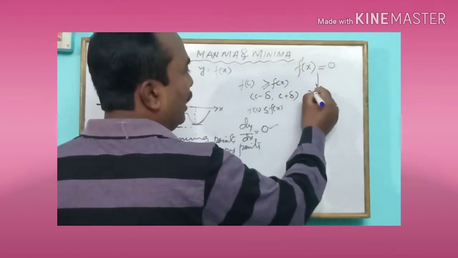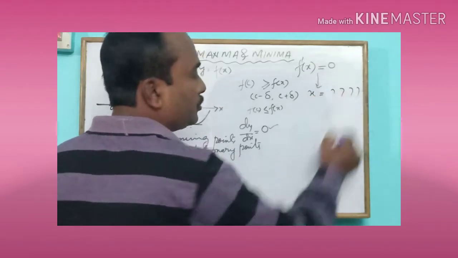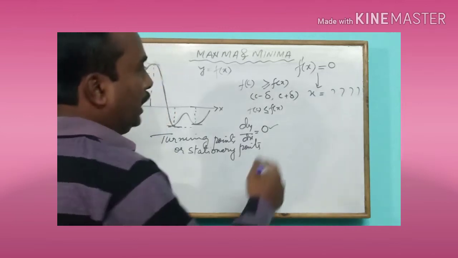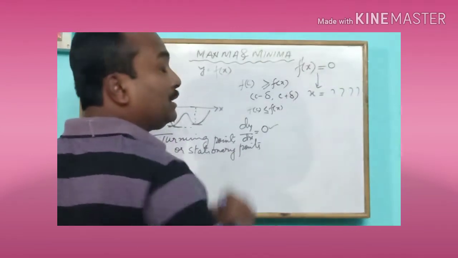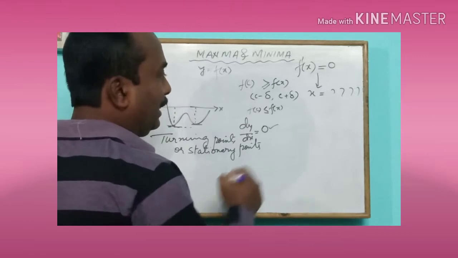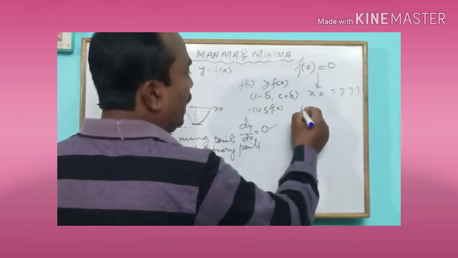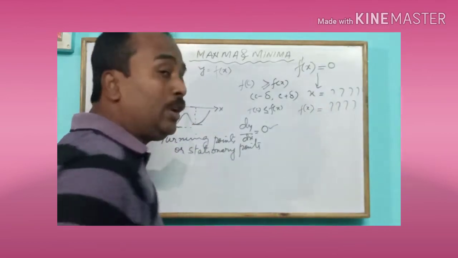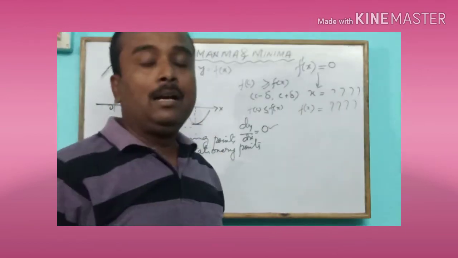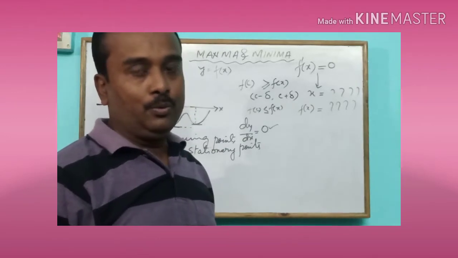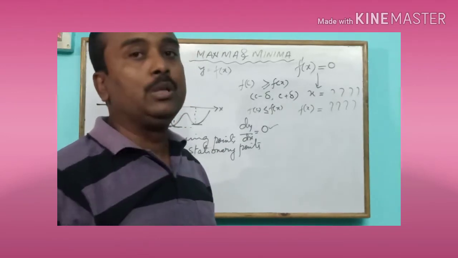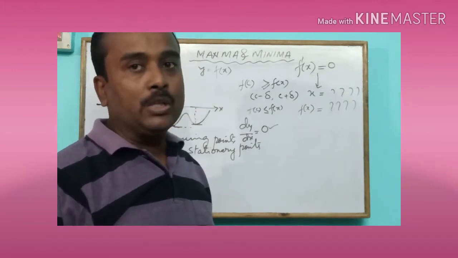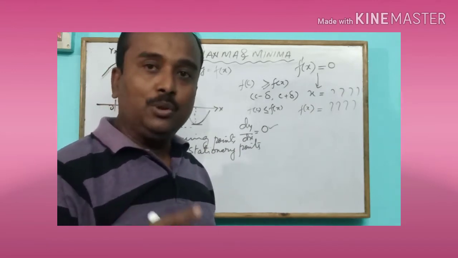Correspondingly, we get the values of x. Whatever values of x we get, at these points the function's derivative is 0. We should substitute these values in f(x) and see for which value it attains the greatest value, that is the absolute maxima, and for which value it attains the lowest value, that is the absolute minima.